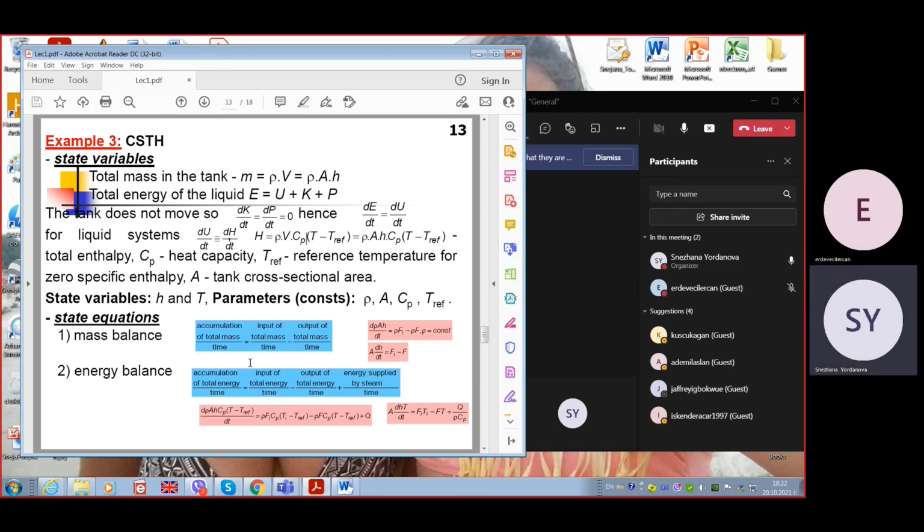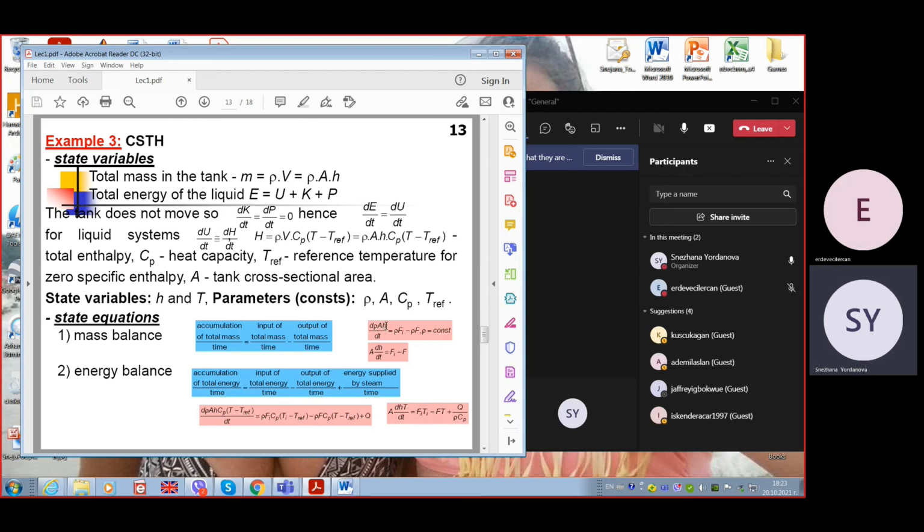So according to the mass balance equation, we have flow rates. This is mass per unit of time. The accumulation, so the accumulation of mass, A and rho are constants. Only h changes with time when there is a balance between the mass that enters and that leaves. And when these two masses are equal, no more derivative is present.